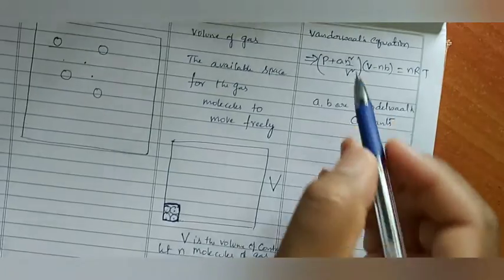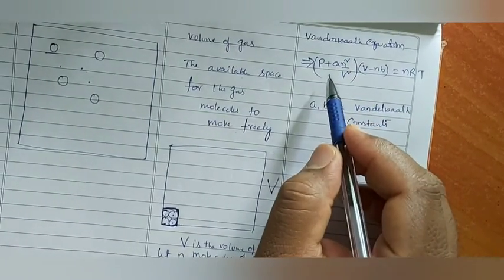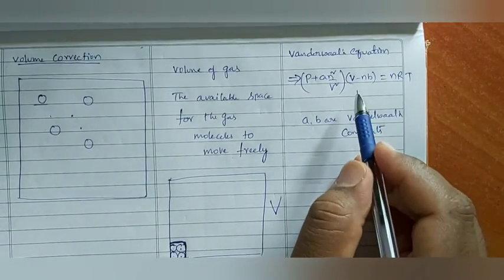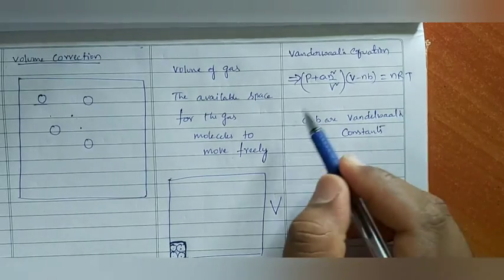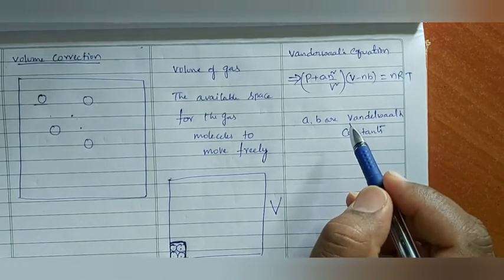Then the Van der Waals equation becomes P plus a n squared by V squared into V minus nb is equal to nRT, where a and b are Van der Waals constants.